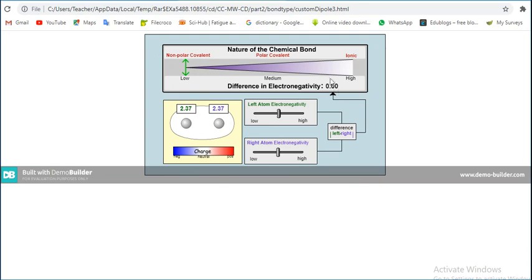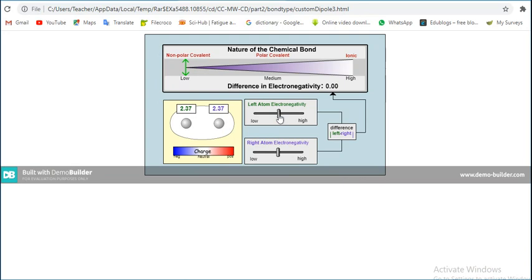You observe very well, this is a difference in electronegativity. Let me decrease this electronegativity and observe what will happen. We have here the left atom and here the right atom. This is for left and this is for right.